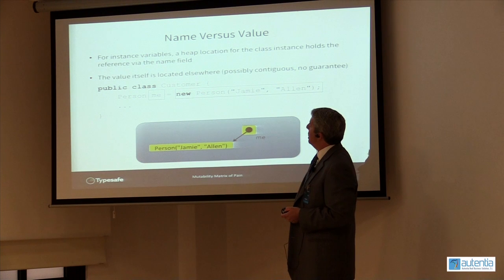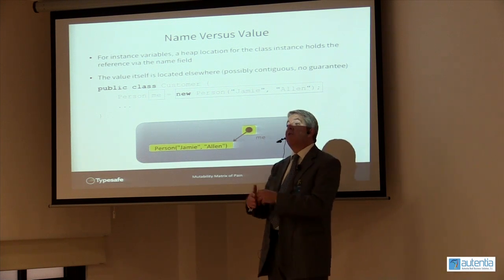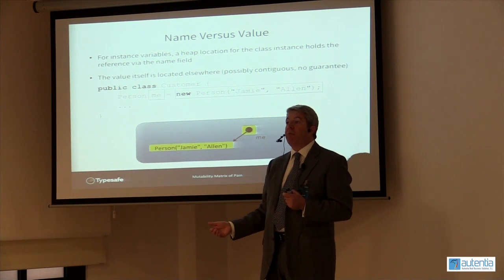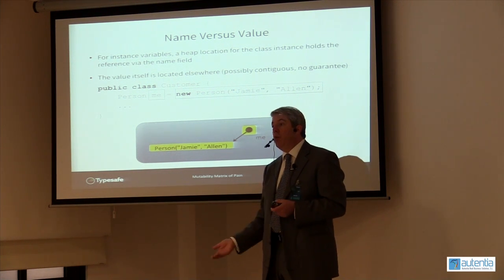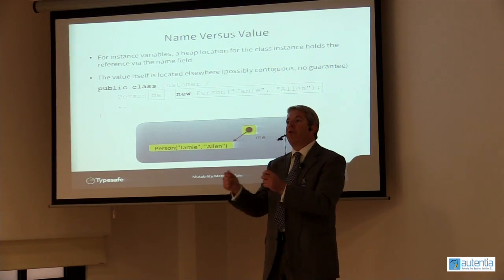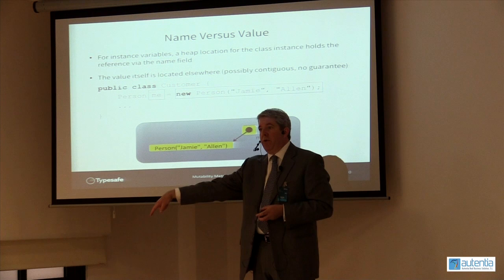So every time I reference this thing, it's got to look somewhere else in the heap. And the JVM makes no guarantees that these will be right next to each other. There's nothing you can do to say that this value will be right next to the other so you don't have to walk a pointer.